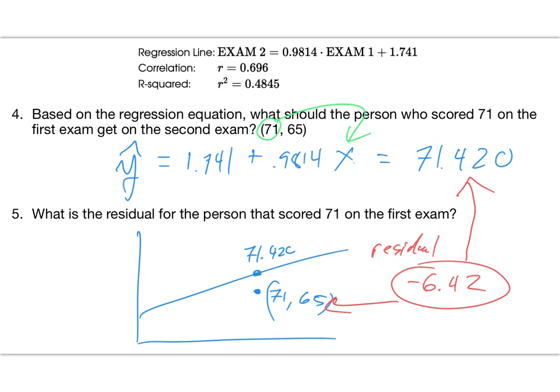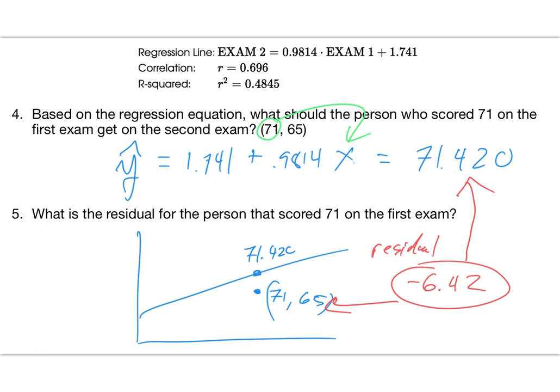Now you're going to see in books and things like that where it's going to give you an equation for the residual. You can memorize that, write it down all you want, but ultimately you have to just remember this. If my actual point is below the line, it's a negative residual because I am below the line. If the actual data point were above the line somewhere, its residual will be positive because it is above the line.